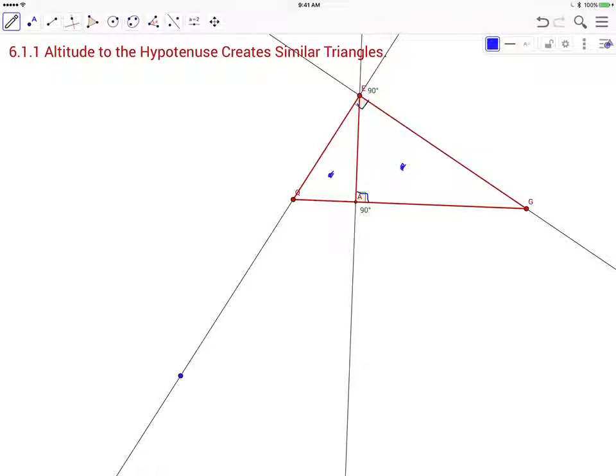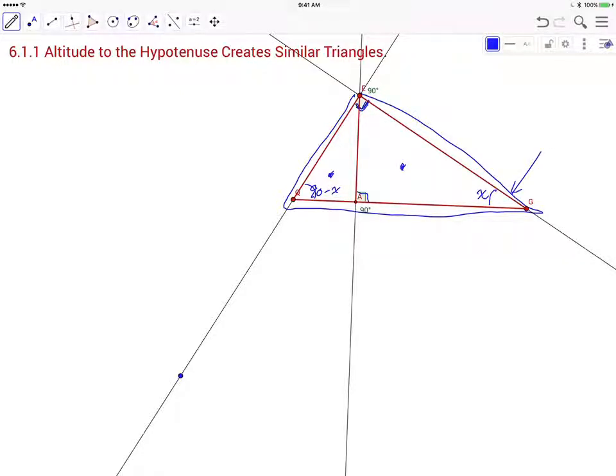Nice way to show this is to say in the large triangle, right? If I randomly say that angle G is going to be x degrees, so in the large triangle, that's x degrees. This is 90, and therefore this angle over here has to be 90 minus x. Now you have to take some time to think about that again.